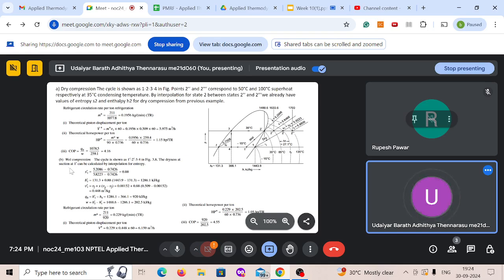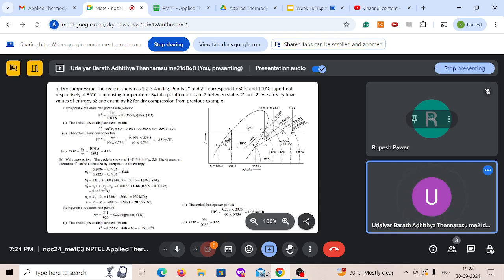So next is wet compression. So in this cycle, the cycle is shown in 1 dash, 2 dash, 3 and 4. So the dryness at suction can be calculated by interpolation for entropy. So in this case your exit of the compressor is the saturated vapor.